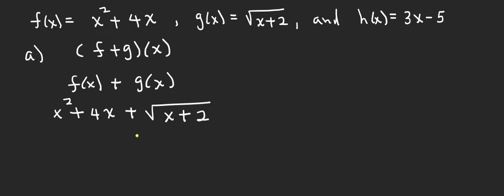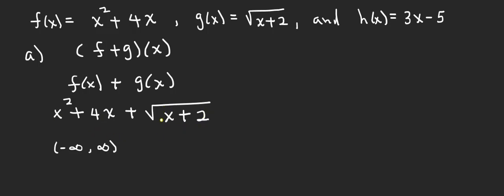Now, what will be the domain of f of x plus g of x? Well, look at the domain of f of x. That's a polynomial. So the domain of a polynomial is all real numbers, negative infinity to infinity, because you could plug in any x value and you could still get the y values. What about radical x plus 2?